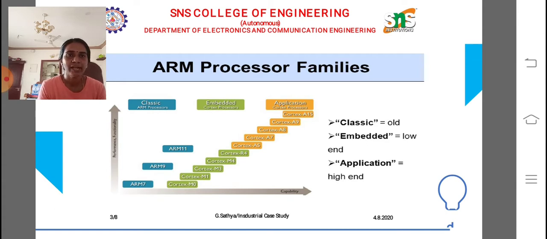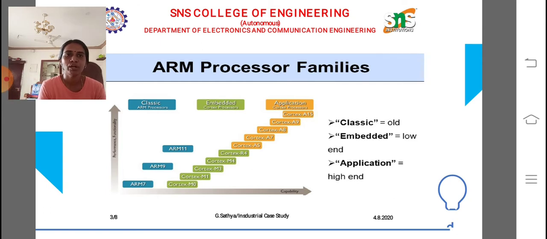If we go for the embedded concept, we are using the ARM M series, that is M1, M2, and the R series also, for embedded applications. With these processors we can do multiple operations at a time, incorporating different processors with different operating systems. We have to perform multiple tasks with the Cortex series.